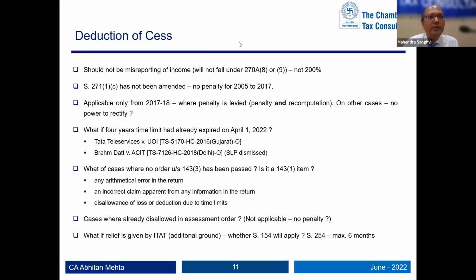You can straight away say it's a mistake apparent from record. And now since that amendment is there, retrospective is there, and they are trying to say, not retrospective, they're saying this is what we otherwise also had thought of. This is what the law was according to the legislature. So it means since that was the law already there, it's a mistake apparent from record, and now you need to carry out this rectification.